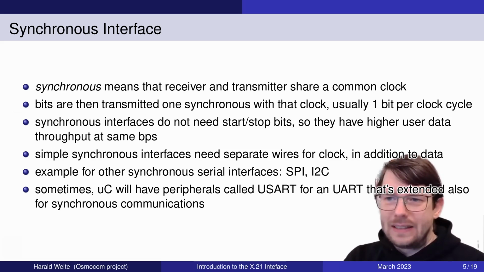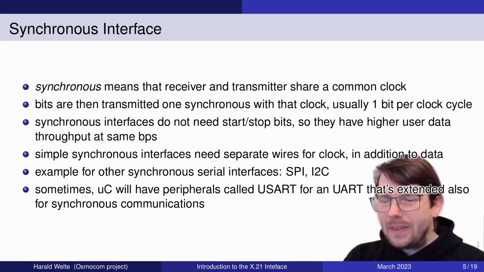These are not needed in a synchronous interface, so you get higher throughput in terms of user bytes per bit. You need at least 9 bits with a UART for every 8 bits, and here you have fully transparent transmission: all 8 bits are transmitted, and then you start the next 8 bits without any additional overhead.